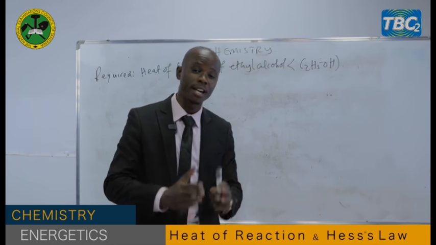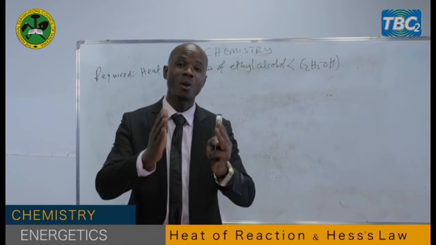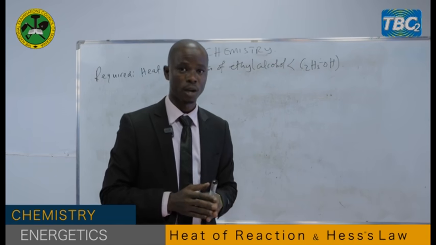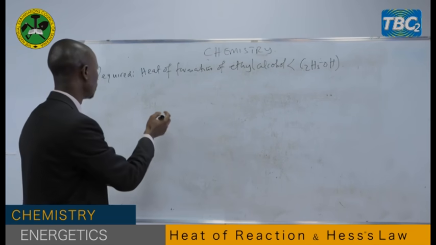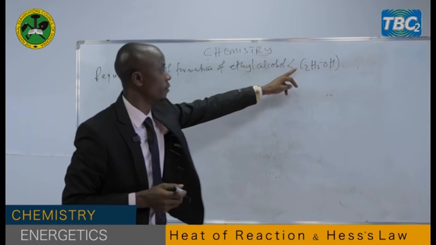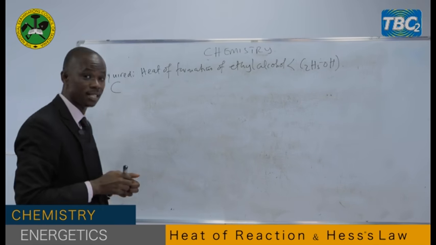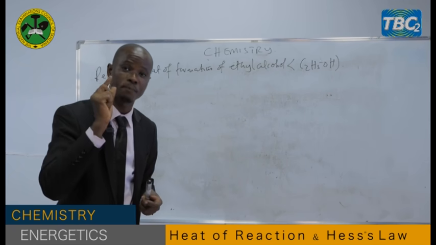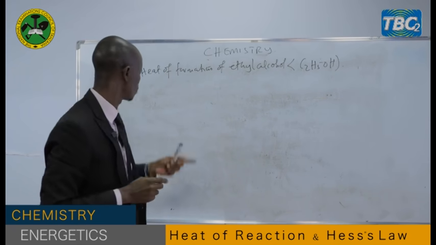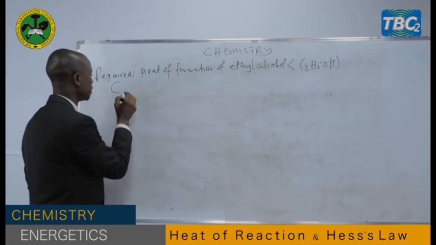But these 3 elements must be in their pure standard states. Let's be together. How to write it? The first element is carbon. Carbon exists as a solid. That is the pure standard state of this element. So we write it as a solid.